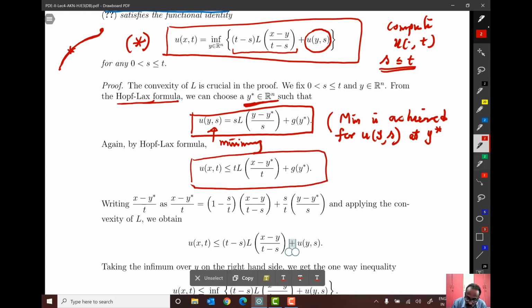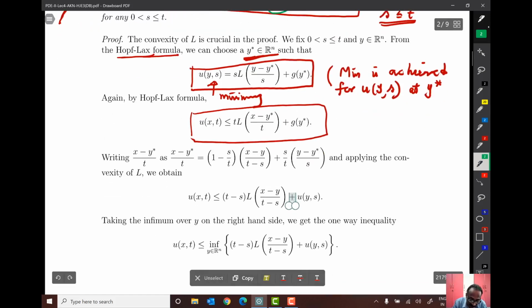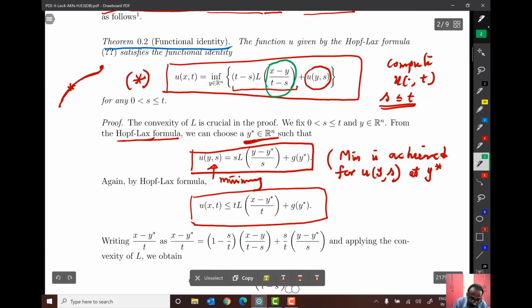So now you want to represent this term, x minus y by t minus x. I am going to write L is a convex function. Now I am going to apply the property of convex functions. So you write your x minus y star by t, and this term you want to come inside.